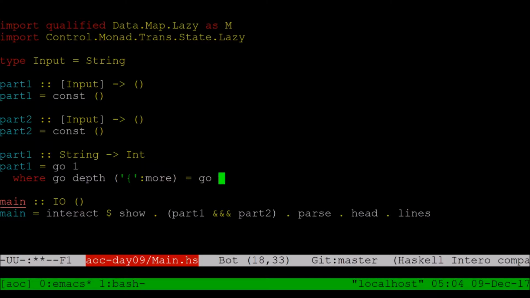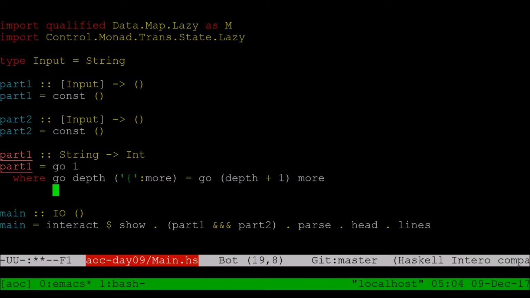So sort of like go of depth plus 1 and more, I think, is all. This more is go more plus depth. We're closing a group here, so we finally score it.